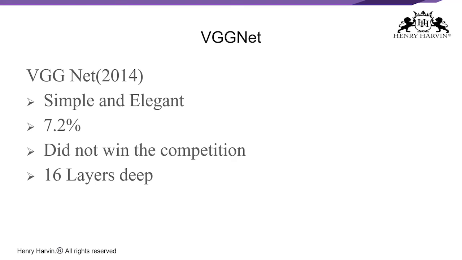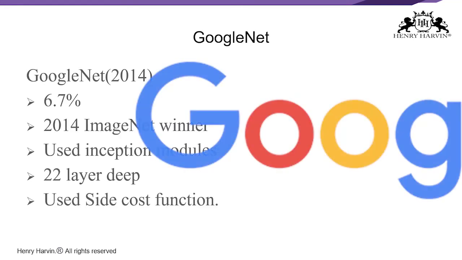It did not win the competition, as GoogLeNet won. It is 16 layers deep, whereas ZFNet was a 7 layers deep network.